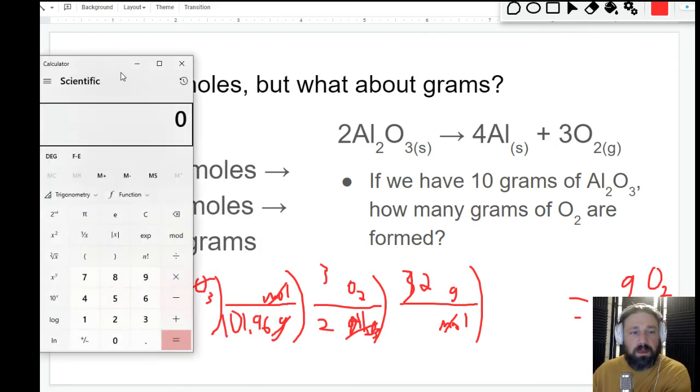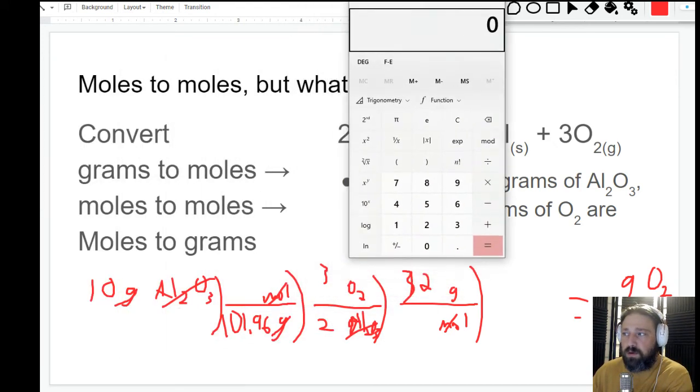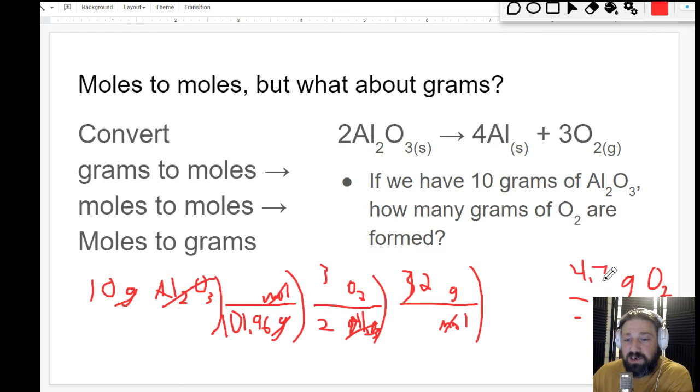Let's go through and do this. So we started with 10 divided by 101.96 times 3 divided by 2 times 32. Bam. And we get 4.70, or 4.7 grams of oxygen being produced.